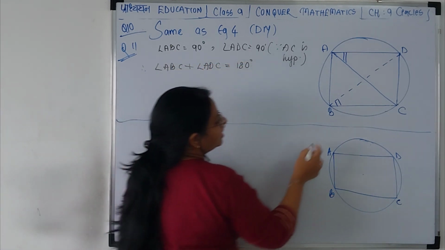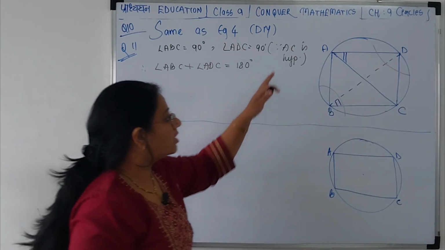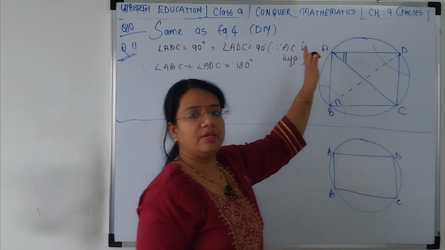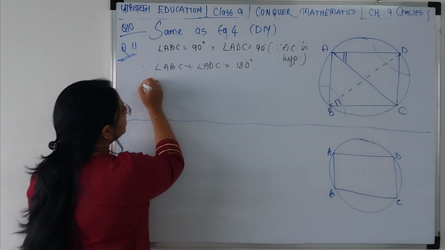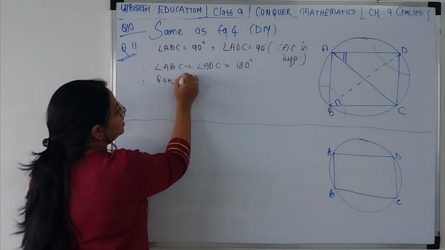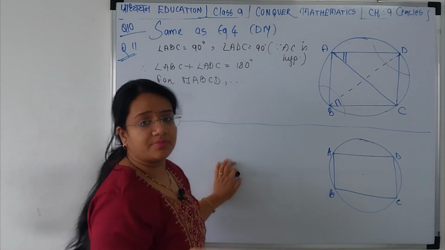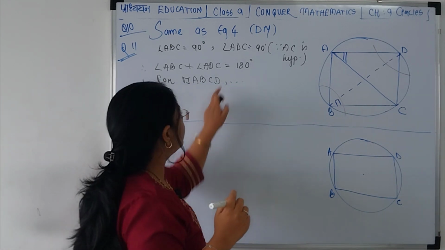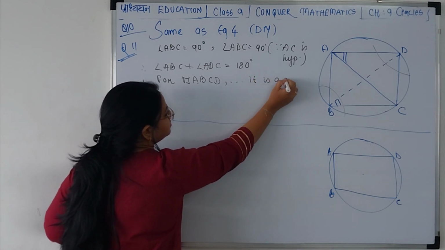Now, what are these angles? ABC plus ADC are opposite angles of the quadrilateral ABCD formed. Therefore, can I say कि ABCD is a cyclic quadrilateral? Therefore, for quadrilateral ABCD, opposite angles are supplementary, that is opposite angles add up to 180. Therefore, it is a cyclic quadrilateral.